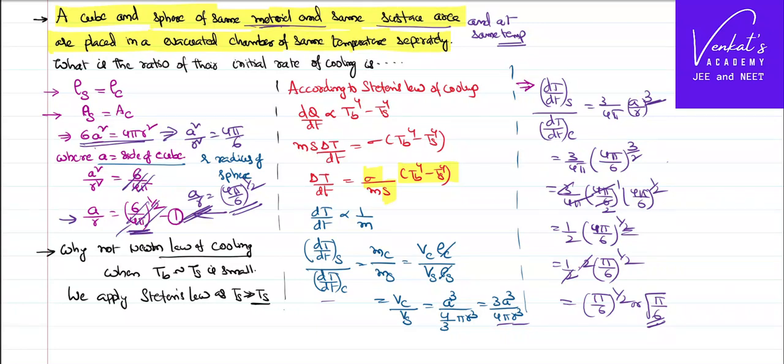That's why their masses are different, so you get a different answer. The important point here is that we apply Stefan's law, not Newton's law of cooling, and we consider the masses of the bodies because their masses were not the same. That's how we get the answer. Thank you.